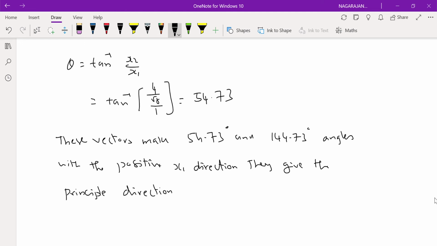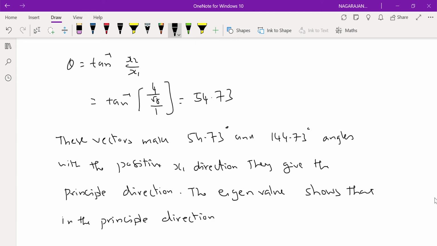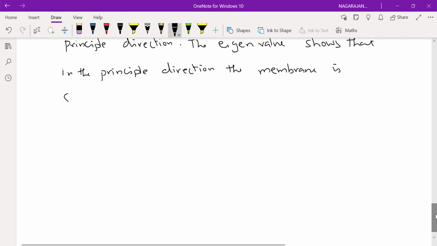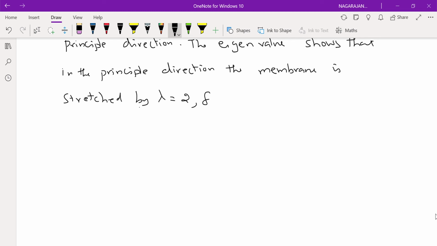The eigenvalues show that in the principal directions the membrane is stretched by lambda equal to 2 and 8 respectively.